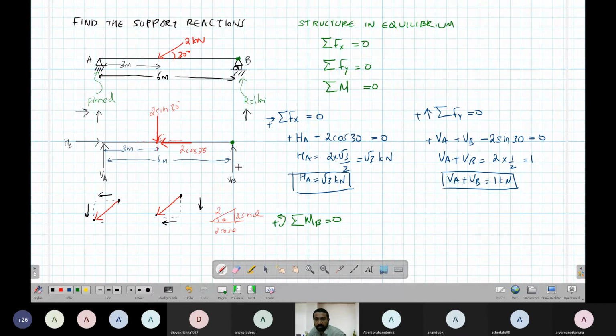VA times 6, it is in anti-clockwise direction, so positive. HA times 0, so these two forces are over. Then the force 2 sin 30 into this distance, which is 3.